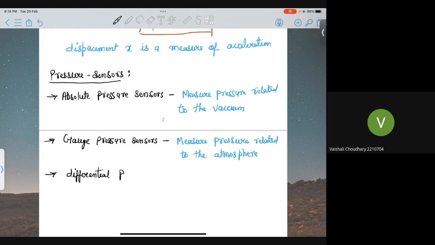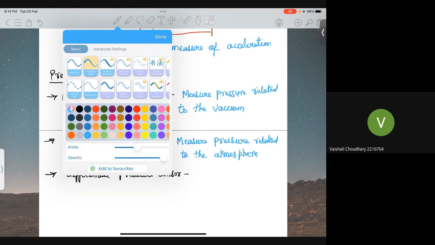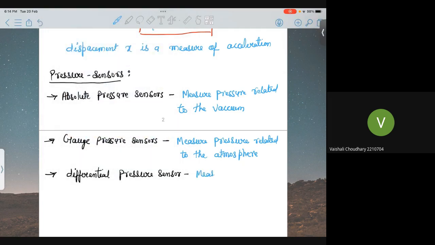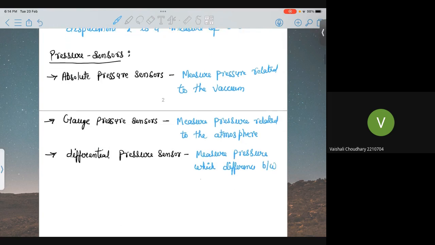So these types of sensors measure pressure which is the difference between two pressure sensors.